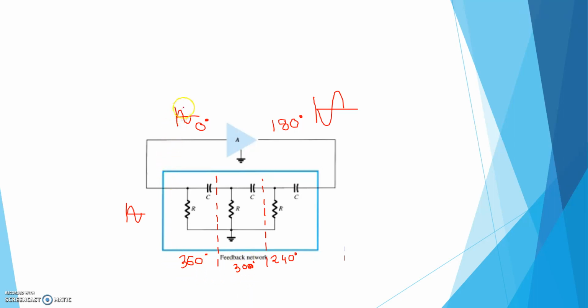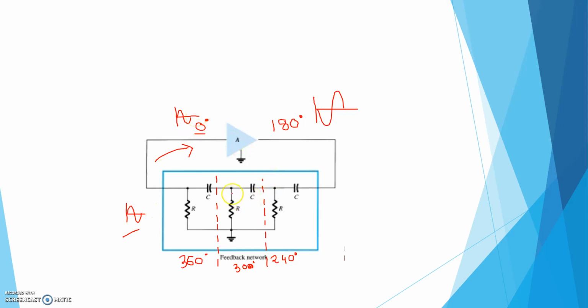So see, input we started here, output is 180 degree phase shifted. Again after 180 degree phase shift we get the same input, and it is again the input of the basic amplifier block. So if we make one complete loop rotation, how much phase shift are we getting? See, 0 degree here and here also in the same phase. This signal and this signal are in the same phase.